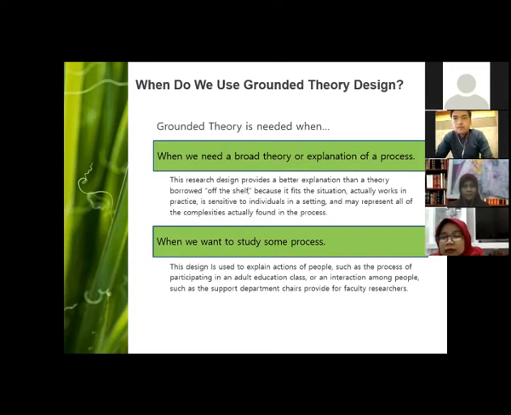There are two main reasons, or two main explanations, for when the theory can be implemented in a research, or when the method is appropriate to be used. Okay, next.